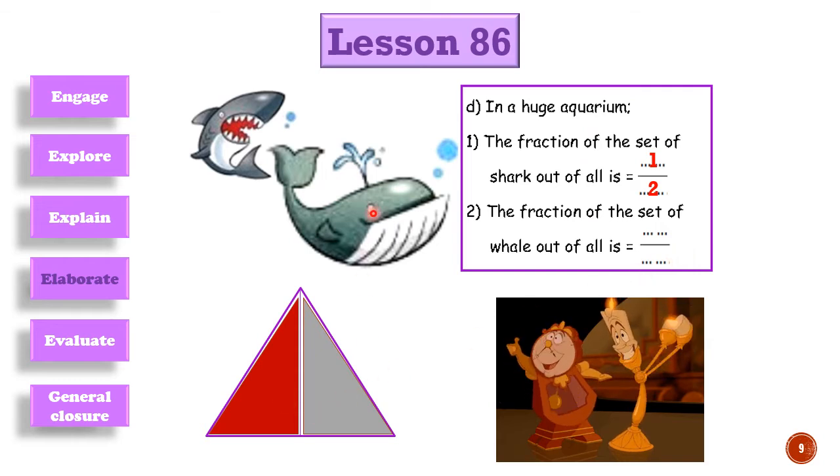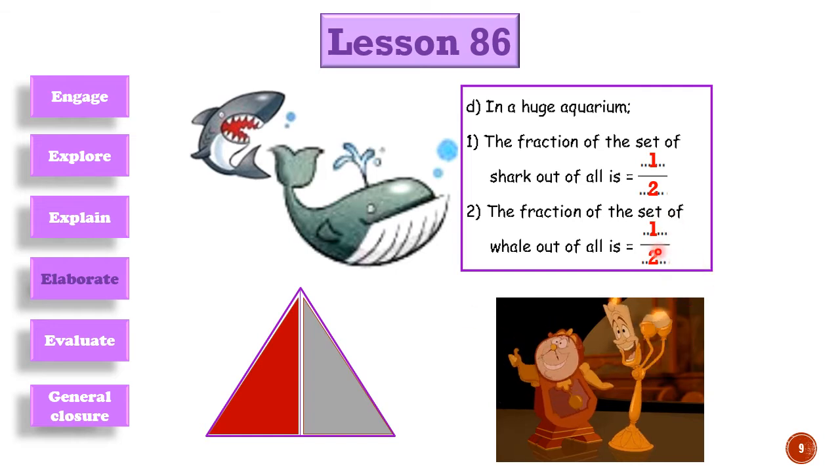Okay, now let's go to represent the fraction of the set of whale out of all. This one represents the gray part out of all, which is 2 parts. We will write down in the denominator 2, and the whale will be 1. 1 out of 2. 1 whale out of 2 fish in this aquarium. It will be half.